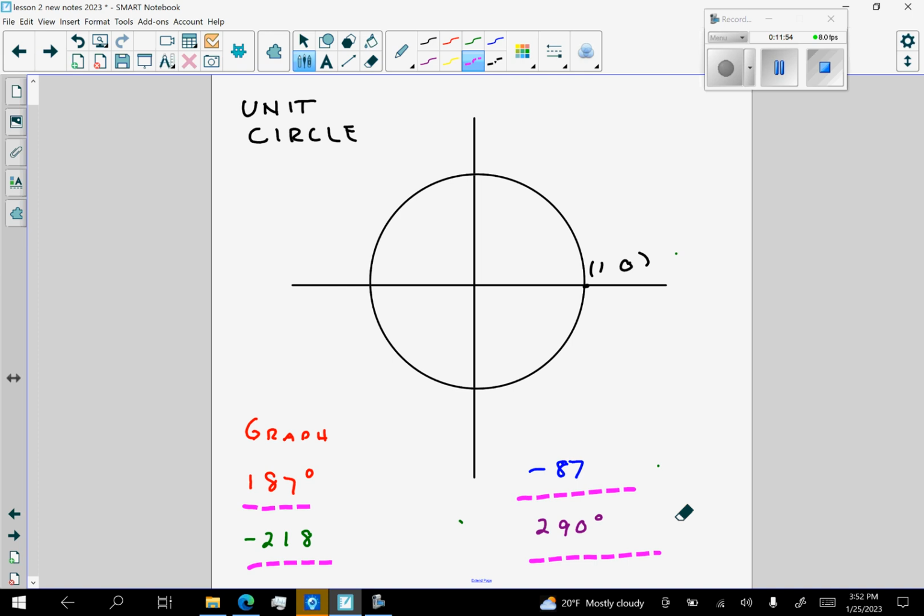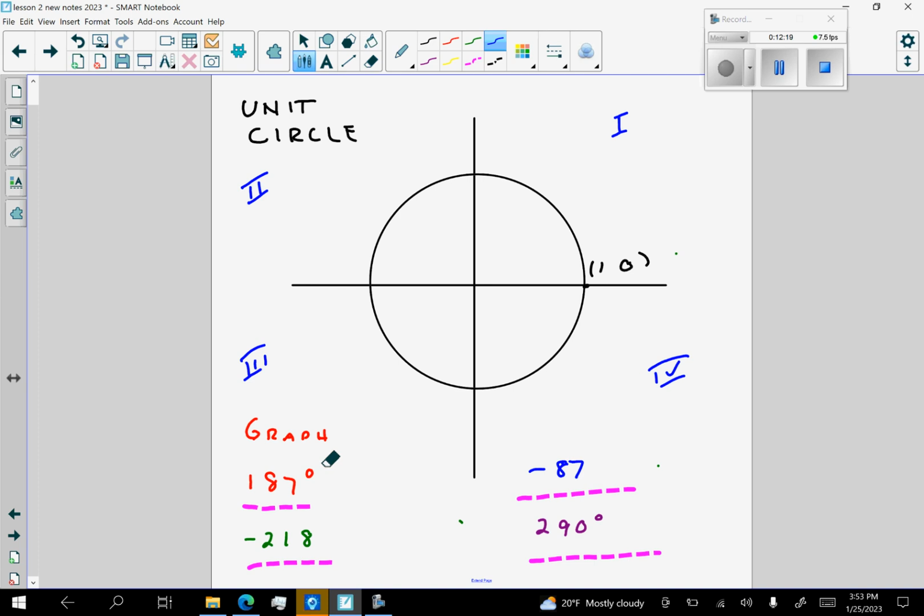187 is going to be over 180, so I think this is going to be in quadrant 3. So figure out what quadrant they're going to be in first, and then decide how far into that quadrant. And don't forget that this is quadrant 1, this is quadrant 2, this is quadrant 3, and this is quadrant 4.